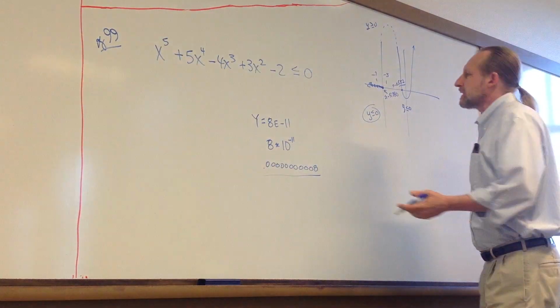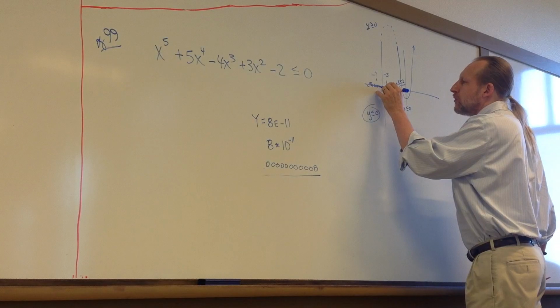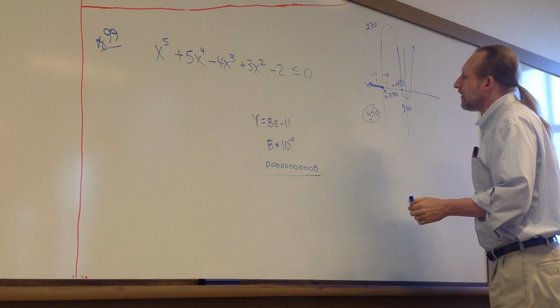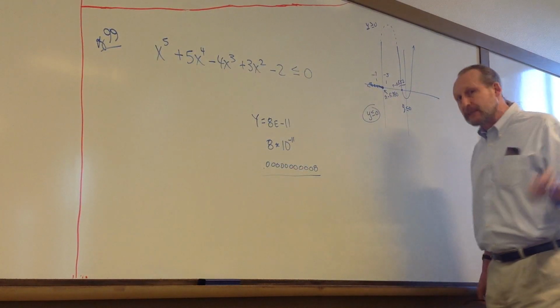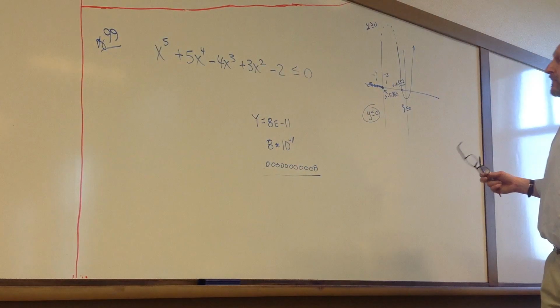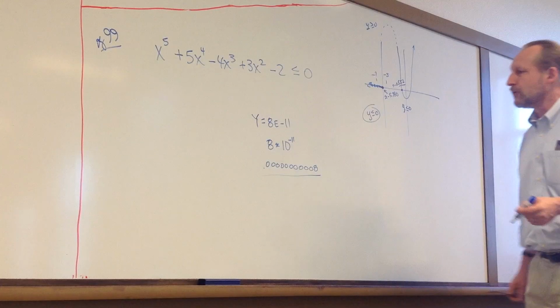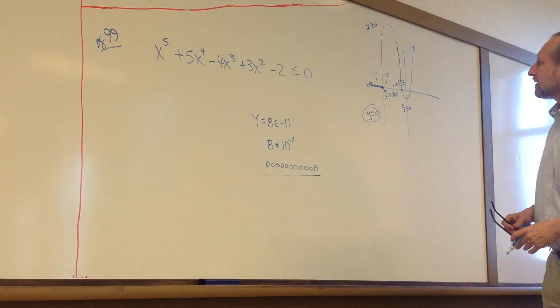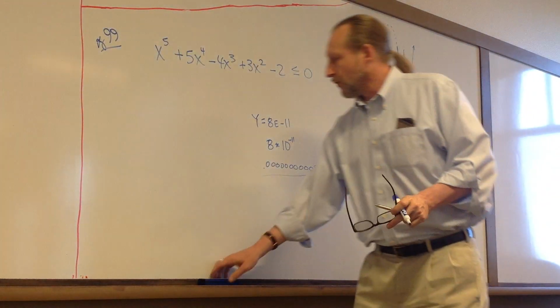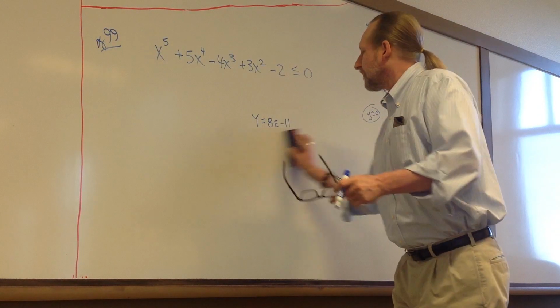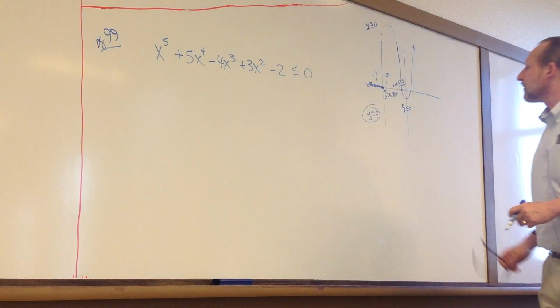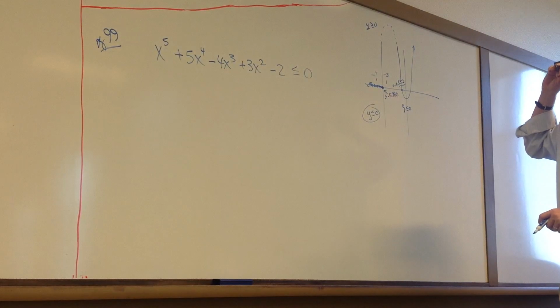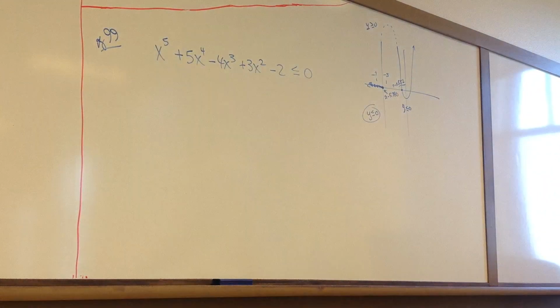So what it's saying is that we're looking for y to be 0, and it's saying, well, at this point, I got y to be this number. Is that close enough to 0 for us? If it's not, there are other things that we can do. For our purposes, this is fine. So if you see that when you're finding roots on the calculator, don't worry too much about it. Okay, we got to find that last root.